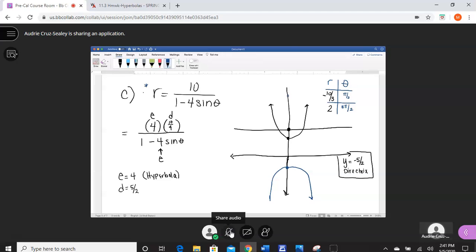No. So when you did pi halves, here's the pole, 0, 0, right? So you have 10/3, pi halves. Pi halves is this line. But since your r is negative 10/3, does anybody remember what you had to do when your radius was negative? You have to go the opposite way, right?